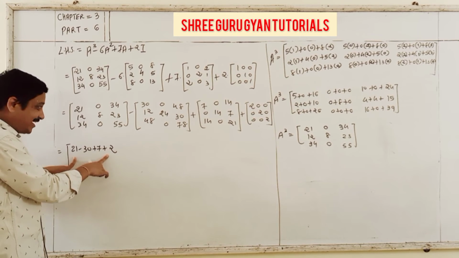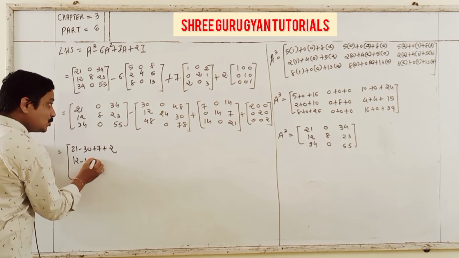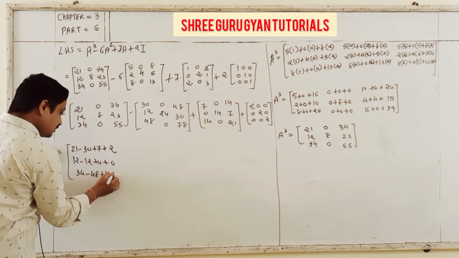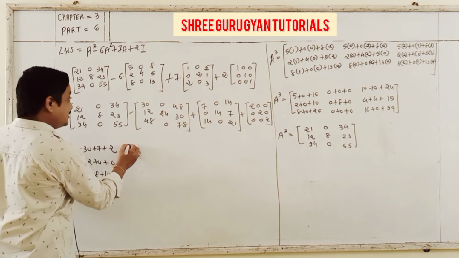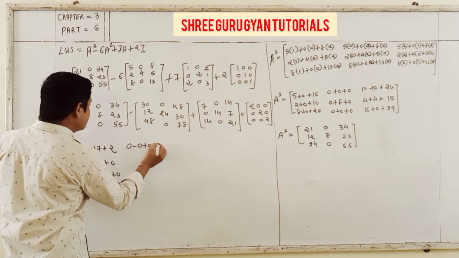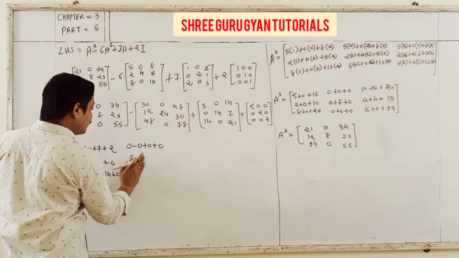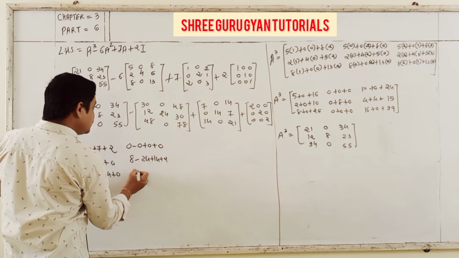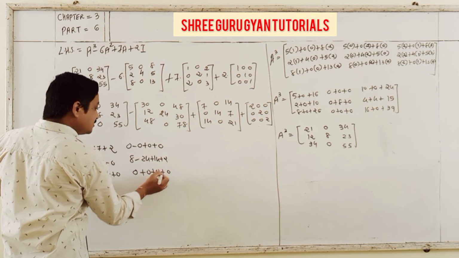0 total? Definitely. All of it you can put down in the solution: 0 answer comes, 0 minus 0 plus 0 plus 0. 8 minus 48, 8 minus 48 plus 40 plus 2, and 0 plus 0 plus 0 plus 0.